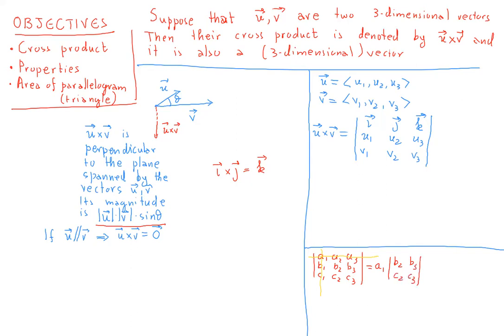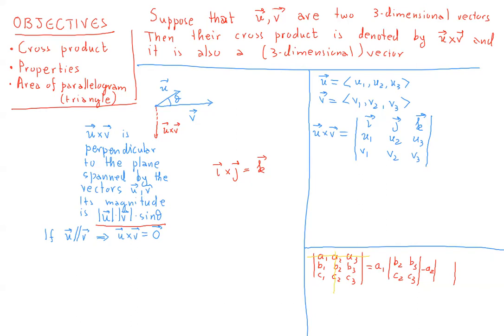And now you continue by pretty much doing the same thing with the second entry of the first row, but you use a negative sign here. So you put minus A2 times the determinant that you get by deleting the first row and the second column. Again, try to visualize what will happen if you delete the first row and the second column.